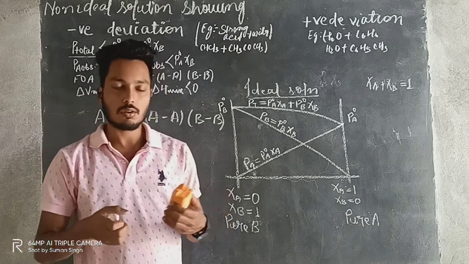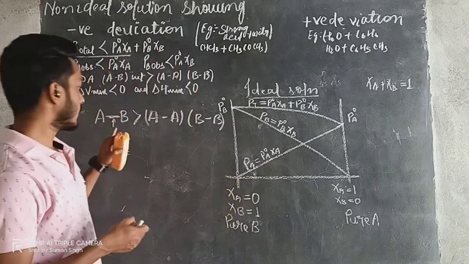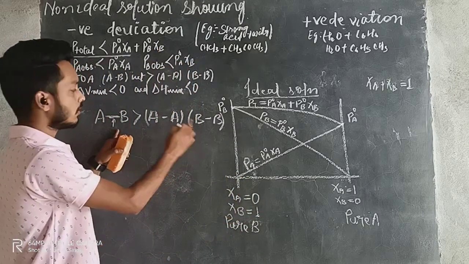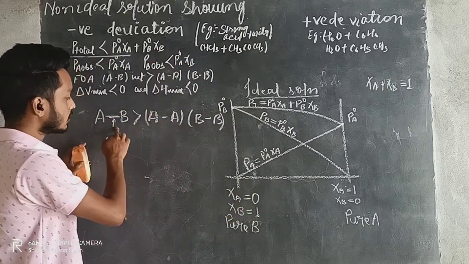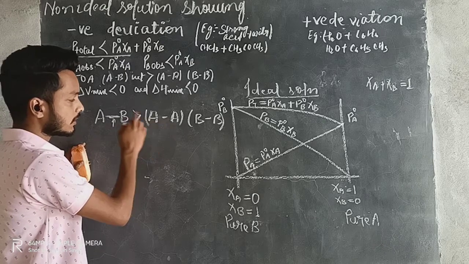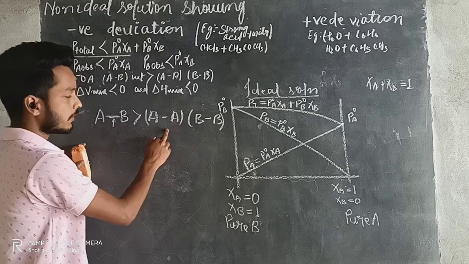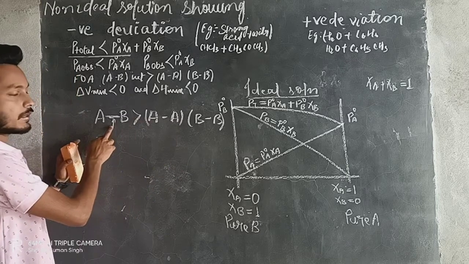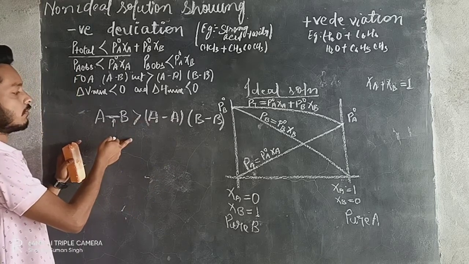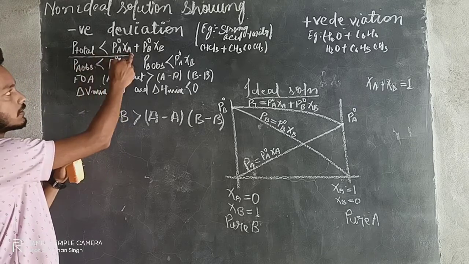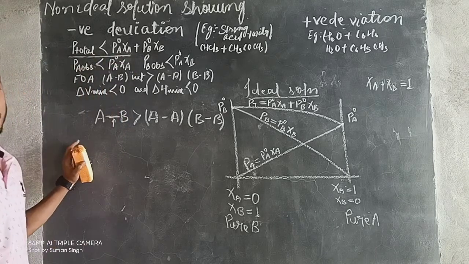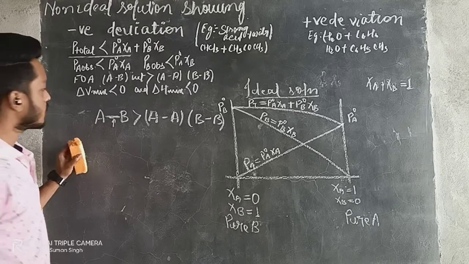Now the molecules will hold tightly in this case as compared to these two. Then less vapor will form with this and this as compared to this and this. So less vapor pressure will form, and that's why P total is less than P naught A zeta A and P naught B zeta B. I hope you have understood this.